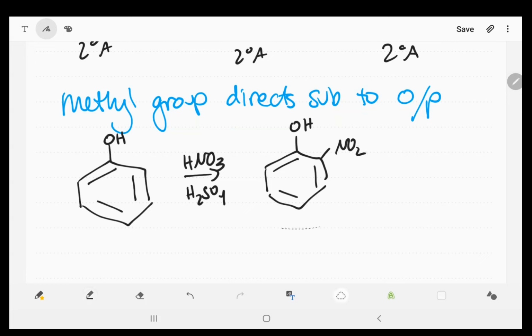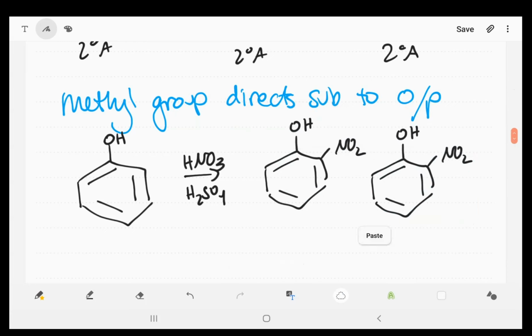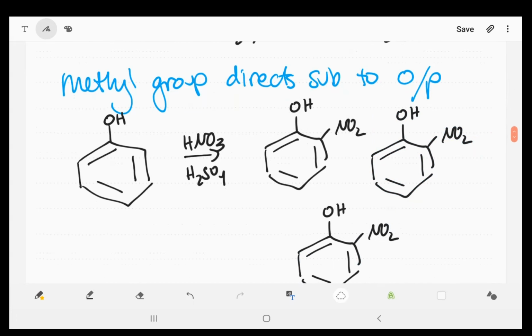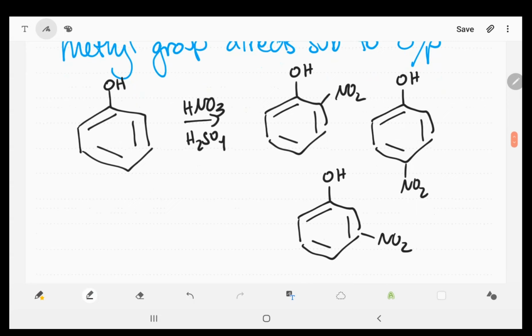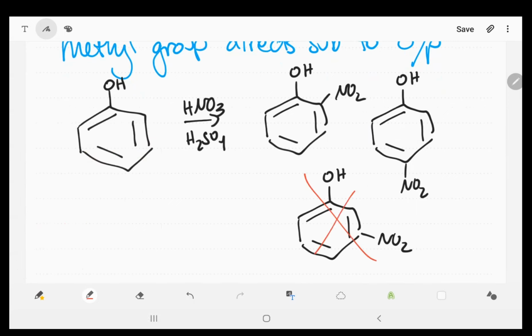Okay, and I'm just going to copy this because why not? We're almost exclusively going to get ortho and para here, and we'll see why that's going to be. We pretty much will not get the meta substituent.